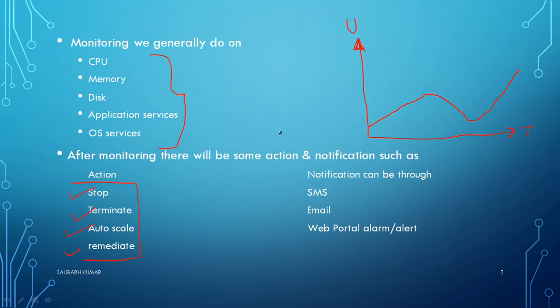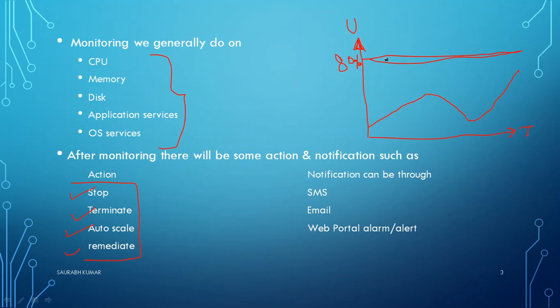So threshold means setting a specific value. For example, I set a threshold, let's say, at 80%. So this is my threshold. What does it mean? That this is a mark value.